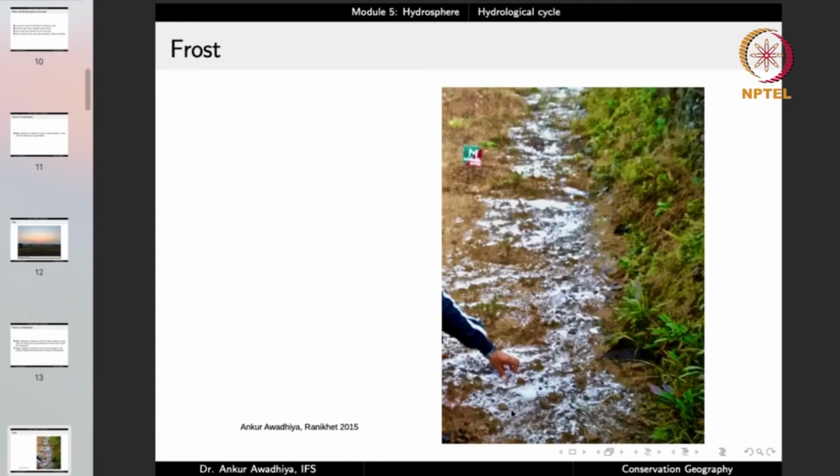So you'll find that you have ice deposits on the soil. And this typically happens when the dew point is so low that it is less than the freezing point of water. So the air is able to hold the moisture till its temperature goes below the freezing point of water, and so the water is deposited in the form of ice crystals.